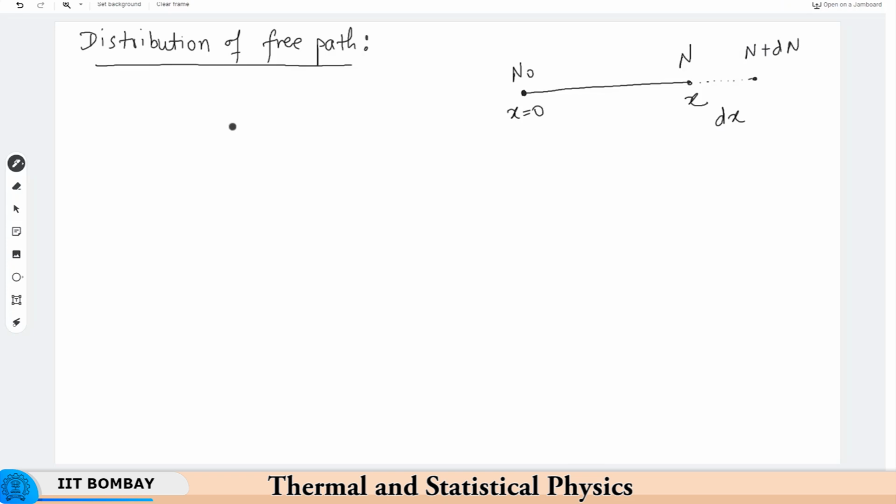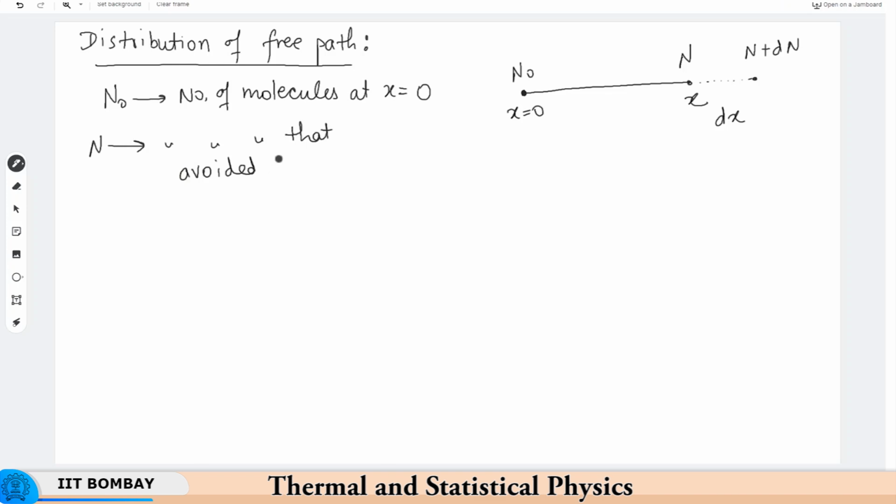So it's important to see what I am saying. Say n0 is the number of molecules at x equal to 0. n is the number of molecules that avoided collision at position x, and n plus dn is the number of molecules that avoided collision at position x plus dx, right.